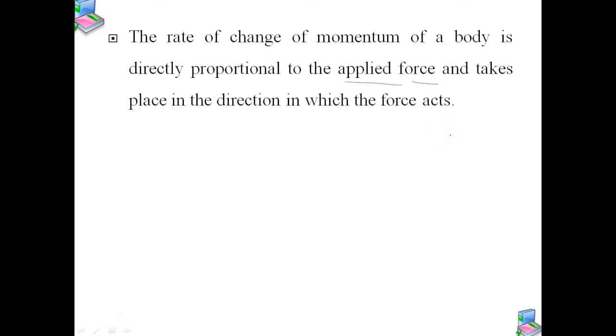So whenever a rate of change of momentum takes place, it is directly related to the force applied, and it always takes place in the direction in which the force is applied.